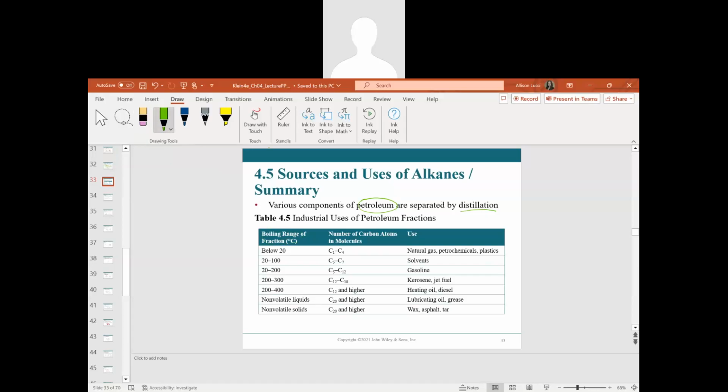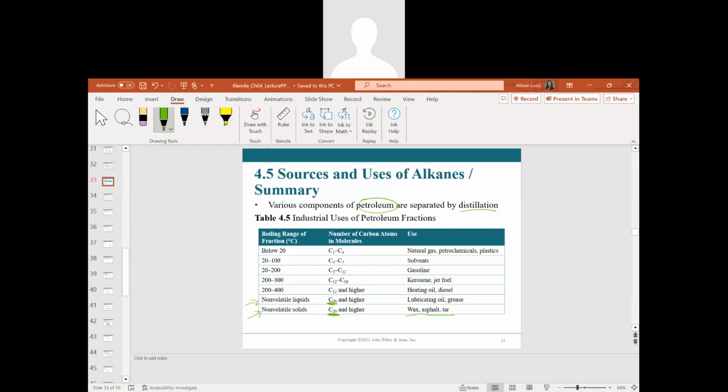The highest boiling point would be for these non-volatile solids. Those are things like waxes, asphalts, and tar, and those are the largest carbon chains, so 20 carbons and higher. There's also non-volatile liquids in that carbon 20 and higher category. These are things like greases and lubricating oils.